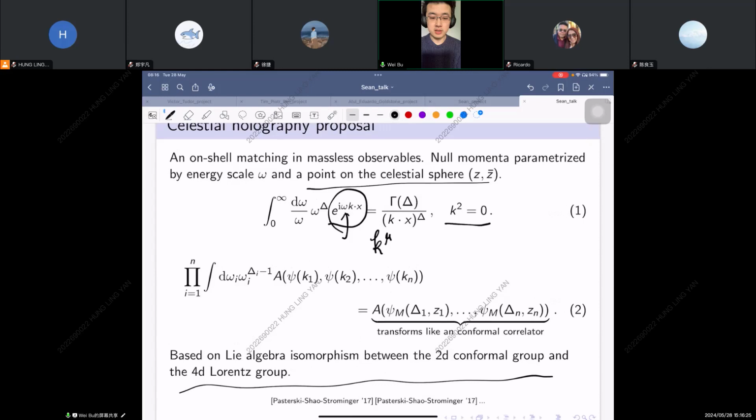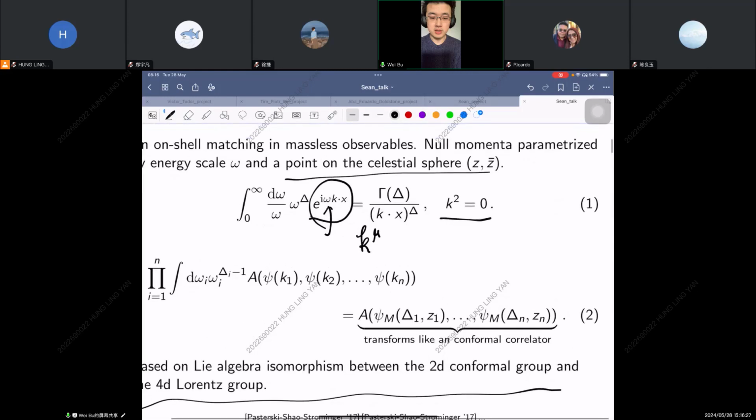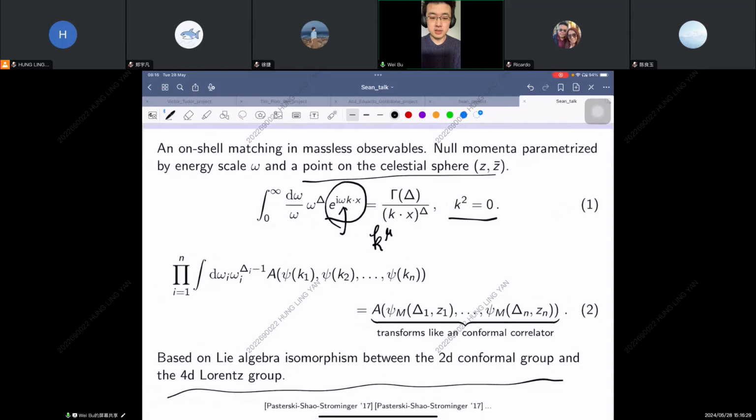So such an eigenstate actually already diagonalizes Lorentz rotation around the direction of the null momenta. If you just take k^mu, write it in spinor helicity, so let me just write it. So this is the Pauli matrix, and you write lambda_alpha, let me write kappa_alpha, kappa tilde_alpha dot. So alpha and alpha dot are SL(2,C) indices.